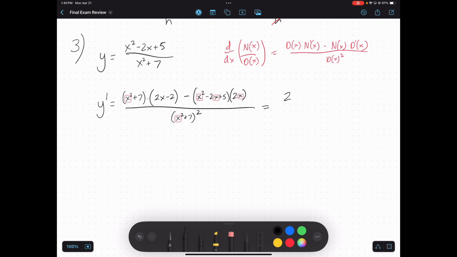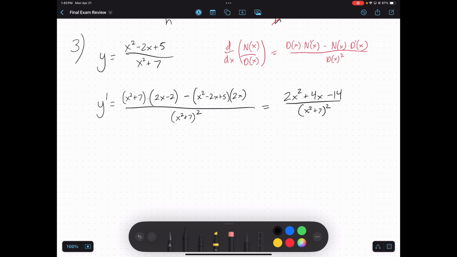If you simplify that numerator, it does simplify kind of nicely: 2x squared plus 4x minus 14 over x squared plus 7 squared. Any questions about this one? Good little review of quotient rule, how that works, as well as a quick review of derivatives of polynomials.